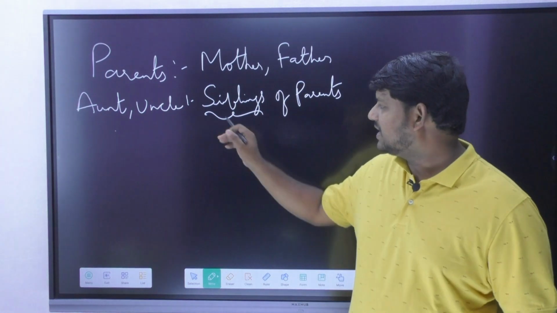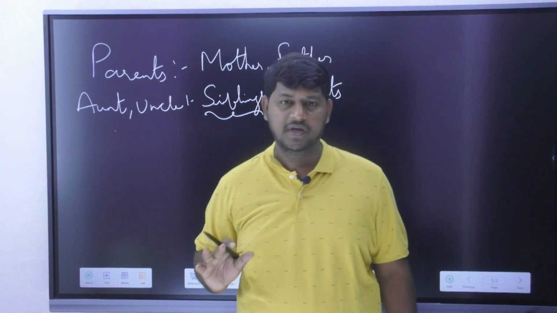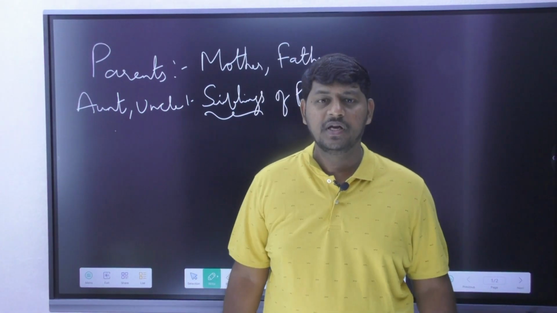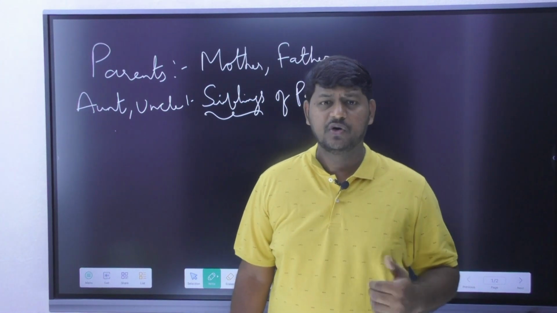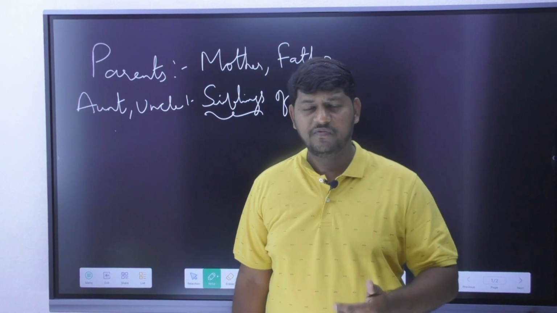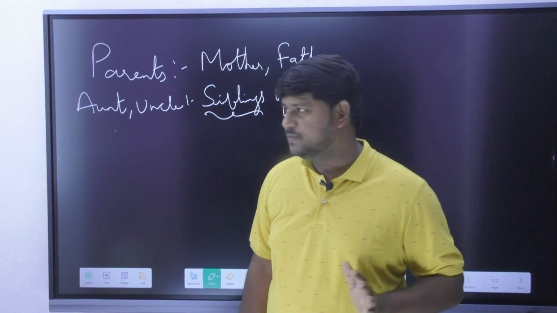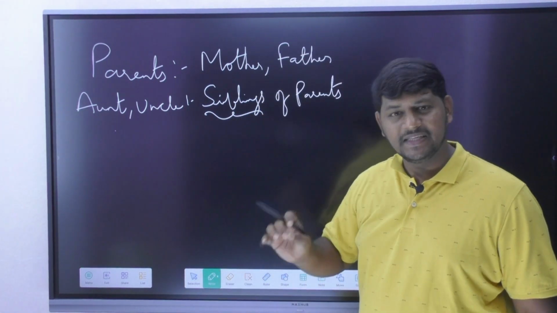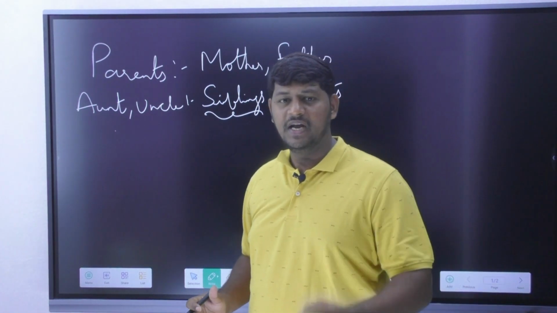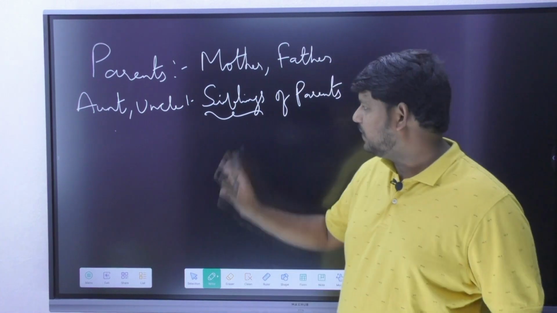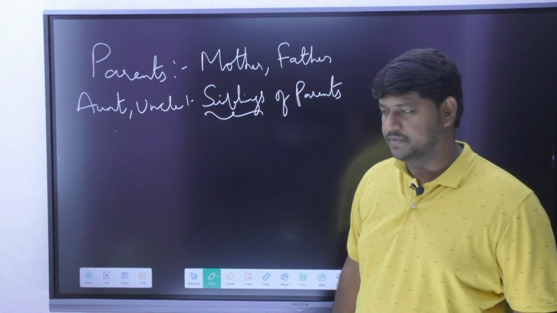But when I say I have two siblings, it is impossible to identify the gender. It could be both male, both female, or a male and a female. That is why the sibling keyword is used by your examiner in order to confuse you. So please make sure you remember this keyword.